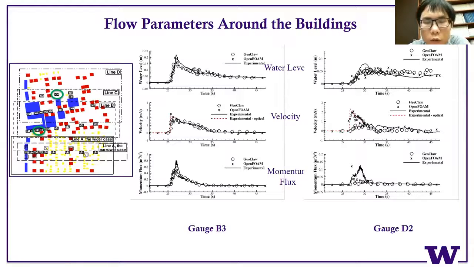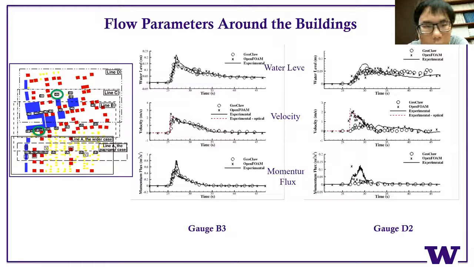Here we are showing predictions of flow parameters at two other locations. You can also see that at B3, the 3D model is obviously much better than the 2D model in terms of water level and velocity.